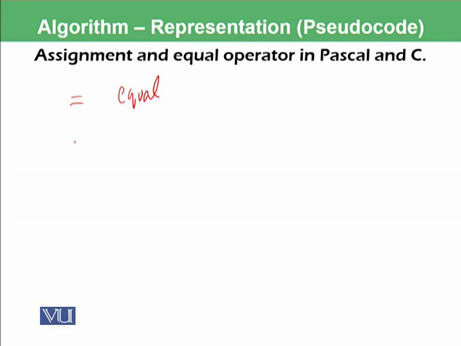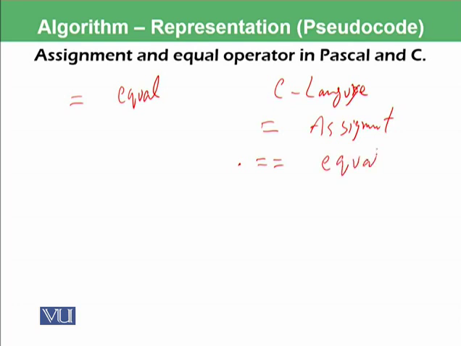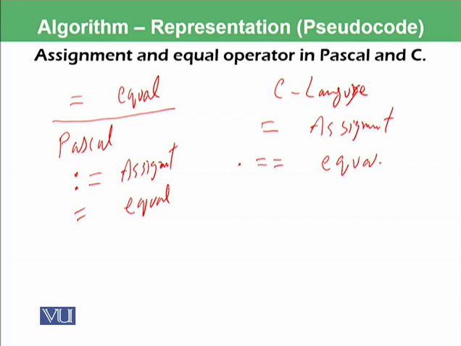and there are different languages which treat this differently. In the C language, this is assignment, and to represent equal, the C language uses double equal. However, there is another language known as Pascal which has colon equal, and this is called assignment, and equal is actually equal like we have in mathematics.